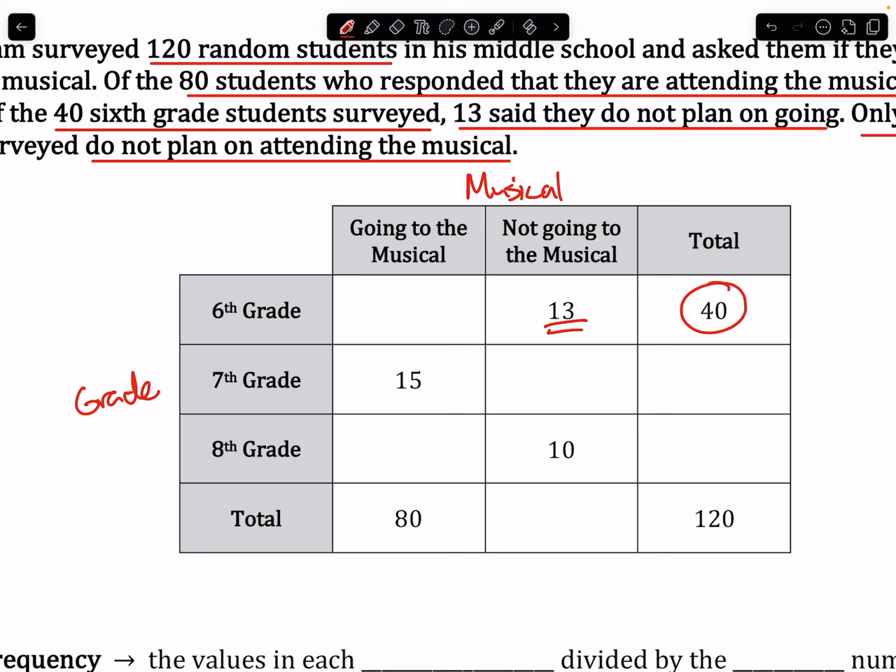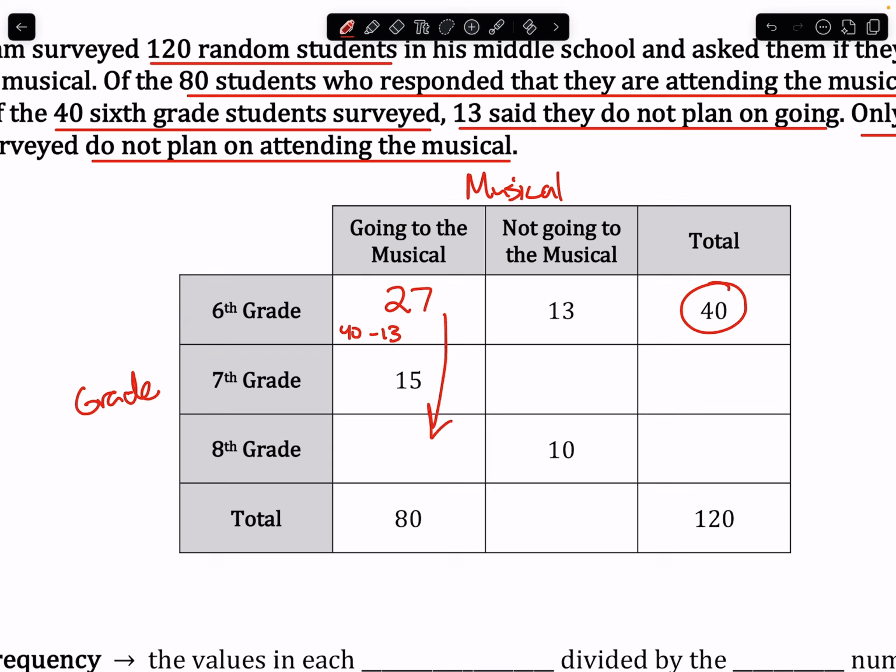Since there's 13 that are not, what number plus 13 gives me 40? Another way we can work through this and backwards map it is to think, I have the total of 40 minus the 13 who are not going, and that leaves us with 27.